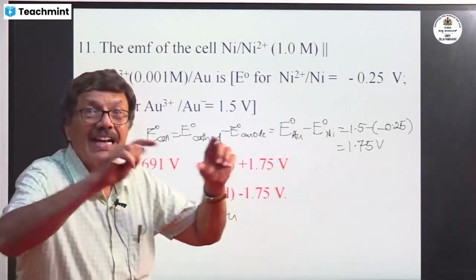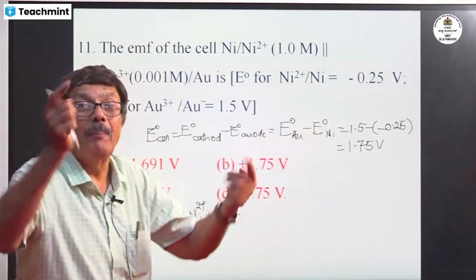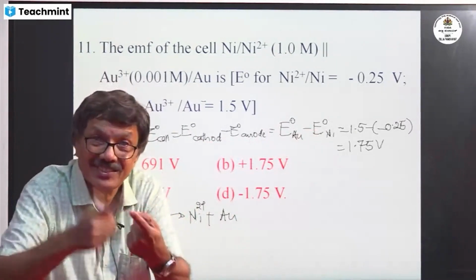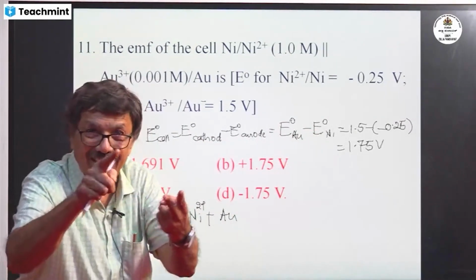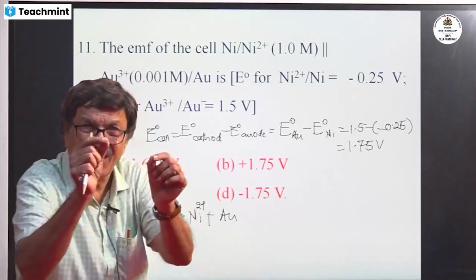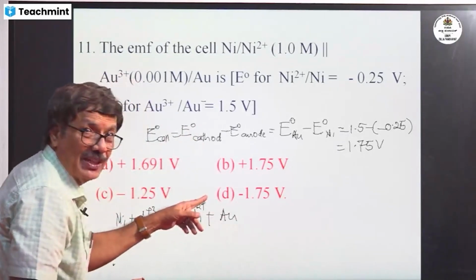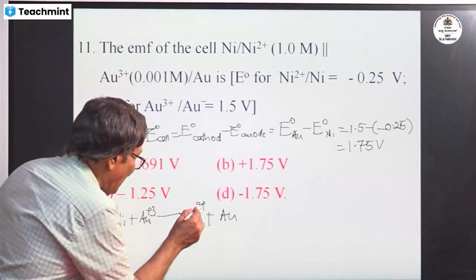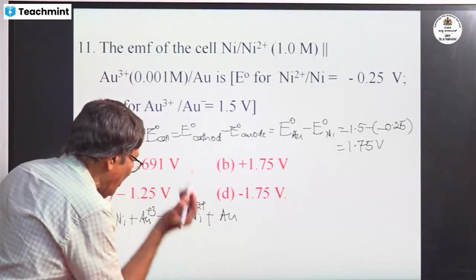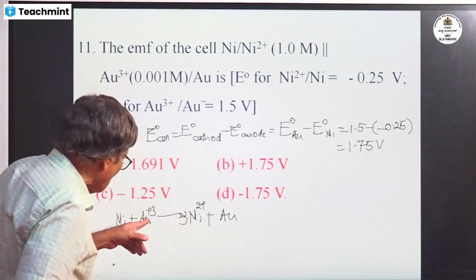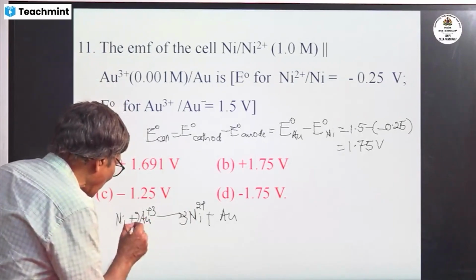Then the equation is to be balanced atom-wise and charge-wise. That's very important. Here a little finishing is required for balancing it. Au plus 3, Ni plus 2. Where it is 2, you have to multiply by 3, and where it is 3, you have to multiply by 2.